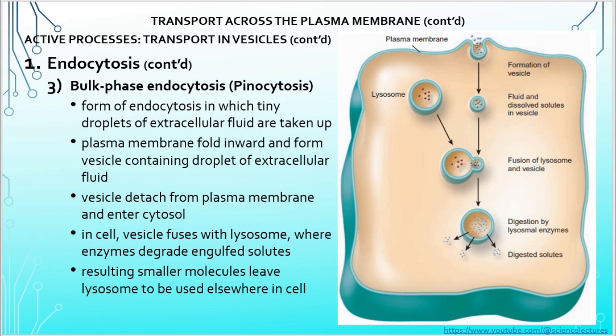During bulk phase endocytosis, the plasma membrane folds inward and forms a vesicle containing a droplet of the ECF. The vesicle pinches off from the plasma membrane and enters the cytosol. Within the cell, the vesicle fuses with the lysosome, where the enzymes degrade the engulfed solutes. The resulting smaller molecules leave the lysosome to be used elsewhere in the cell.